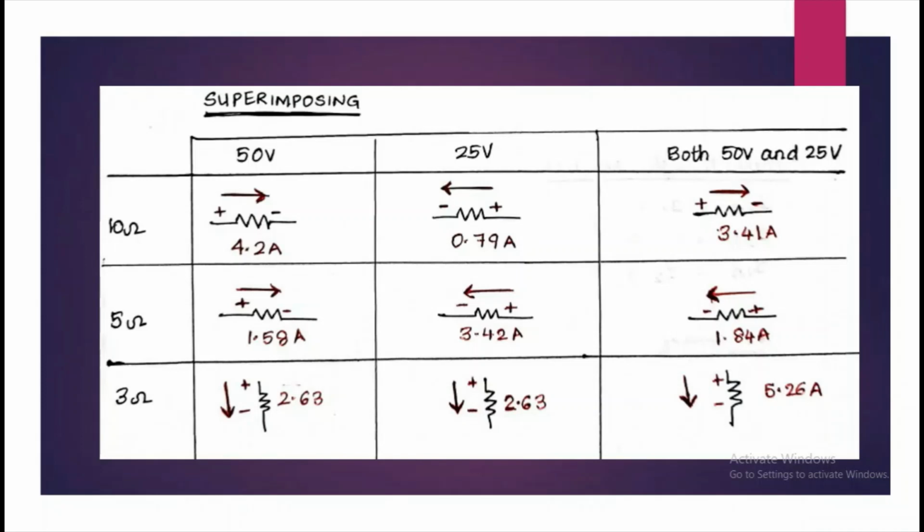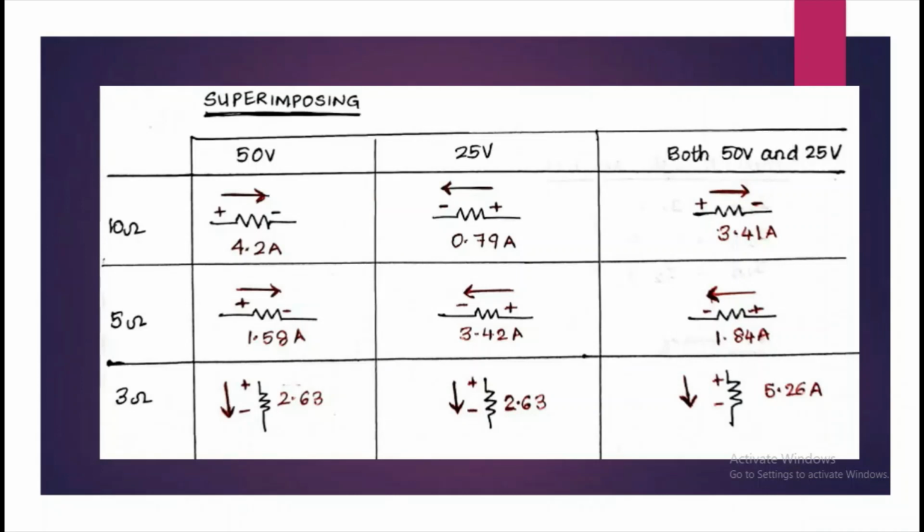For example, consider 10 ohm. So here it is 4.2 ampere from left to right, and for the 25 volt source it is 0.79 ampere from right to left. So we have to subtract, and the direction will be left to right since that is more. So it is 3.41 ampere.